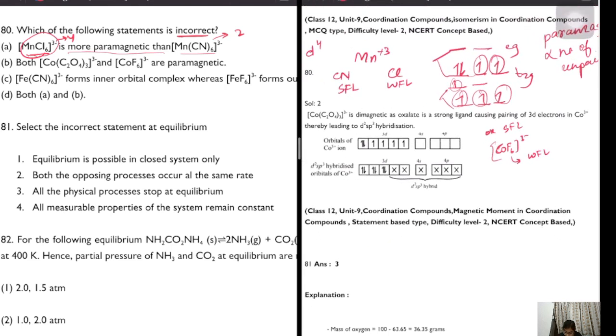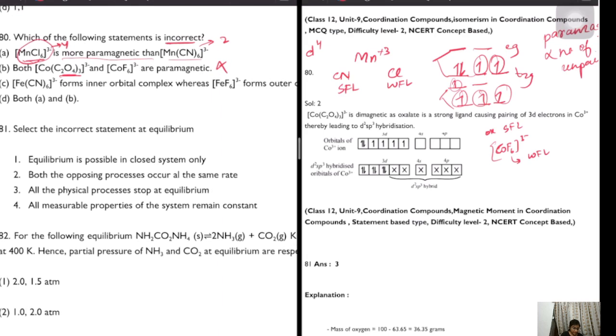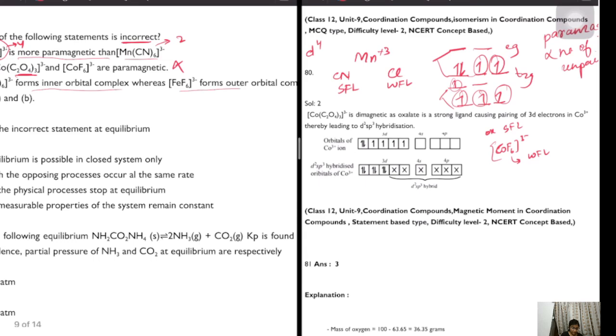So what will happen is that these will be paired in case of C2O4 and will not be paramagnetic. All of the electrons will be paired. This is incorrect.